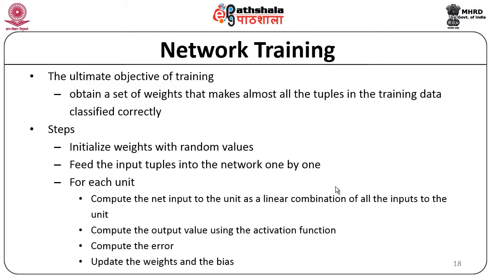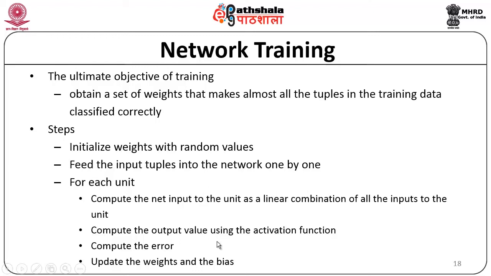Now, feed the input tuples to the network one by one. In the network, you will have an input layer with nodes, so the inputs should be submitted to the input layer nodes. Then for each and every unit in your neural network, you will have to compute the net input as a linear combination of the inputs and the corresponding weights.